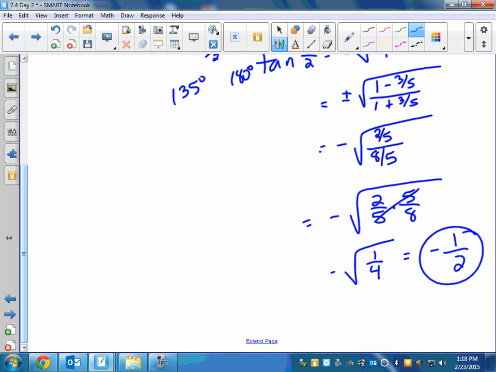Just in case you want to know this, there are 2 alternate forms of tangent of v over 2 based on the fact that we can substitute in, multiply and simplify. You could say tangent v over 2, you get rid of the radical, that's why people like this, is 1 minus cosine of v over sine of v.